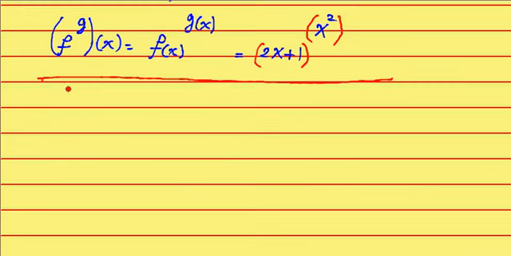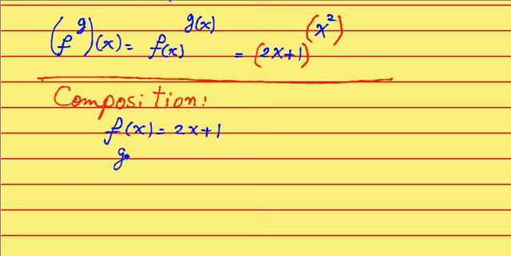So we are going to talk about composition. Let me go and pick the same two functions that I had a moment ago. What was my f? 2x plus 1. g of x, x squared.